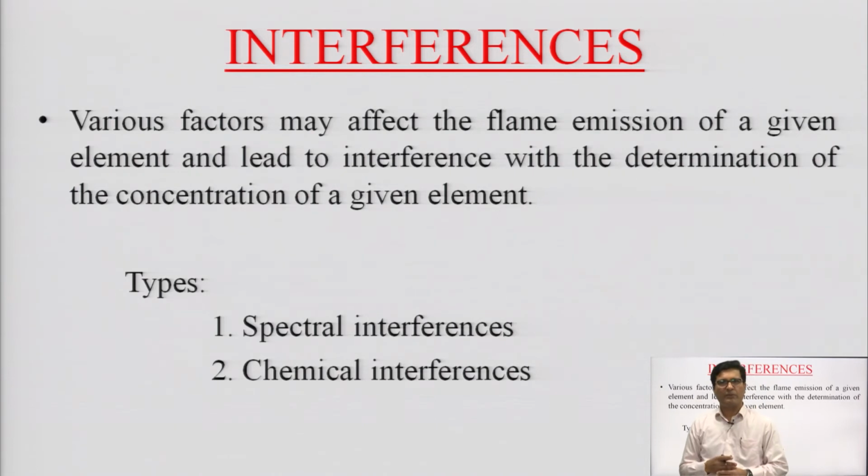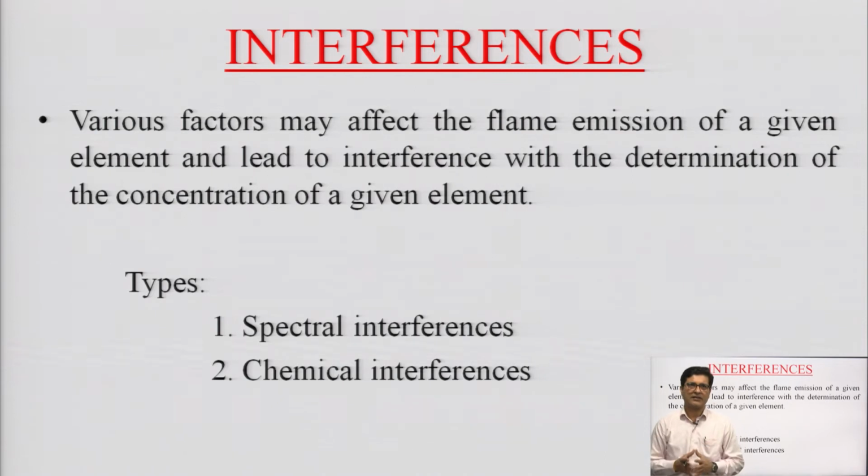Now, moving on to the second part, that is the interferences. As we have discussed in the principle, whenever we aspirate the sample solution into the flame, it causes excitation by the absorption of thermal energy, and that excitation pushes the ground state atom to the excited state, where it spends a little time and then comes back to the ground state by the emission of light.